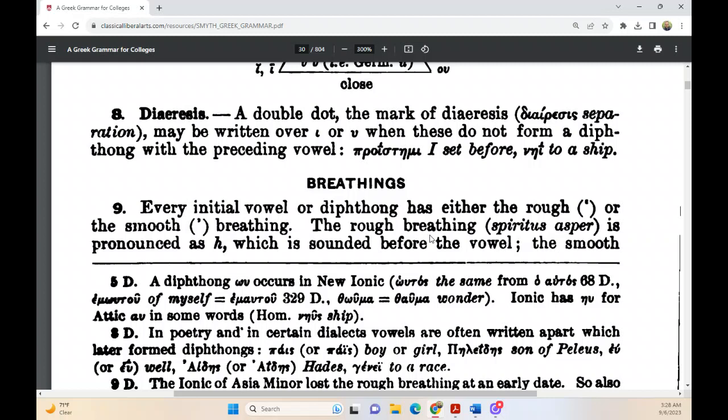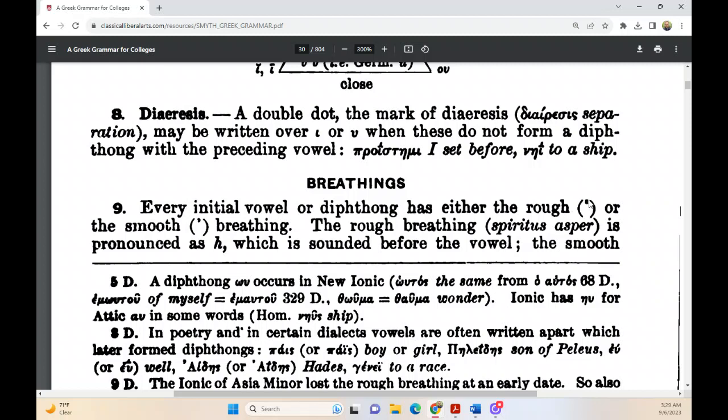That's explained here in the lesson. The rough breathing, which in Latin is called spiritus asper, which just means rough breath, is pronounced as the letter H in English, which is sounded before the vowel.